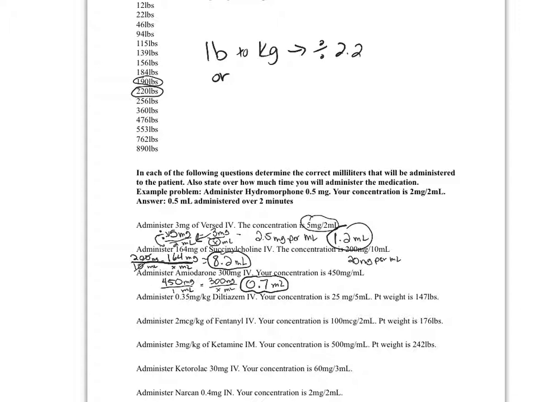Or what I can do is take half, then remove 10%. So if I'm taking half of 220, I have 110.